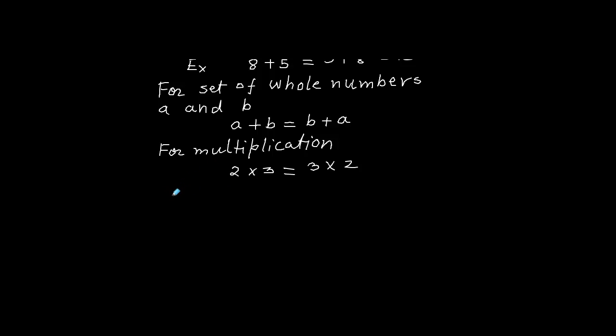But if I'll do 4 minus 5, that gives you negative 1. And if I'll flip the number, 5 minus 4, which is 1, so negative 1 is not equal to 1.